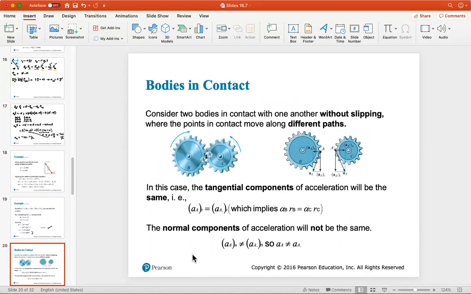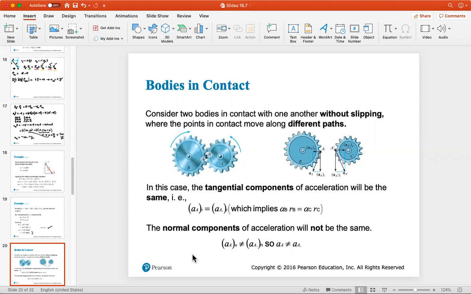All right. Some observation points you can make when you have two surfaces that are both rotating, or I guess you should just say they're both moving along different paths, but they're in contact. They have a contact point which doesn't slip.